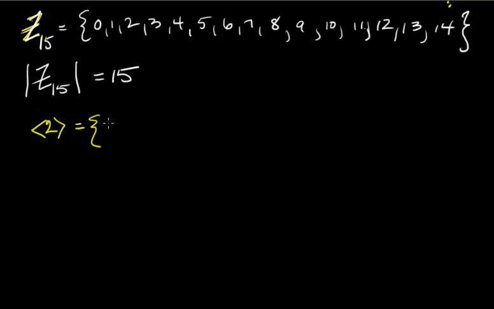So we have 2, and then 2 times 2 is 4, 2 times 4 is 8, 2 times 8 is 16, which is 1.